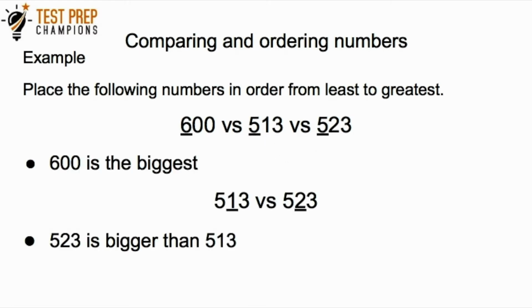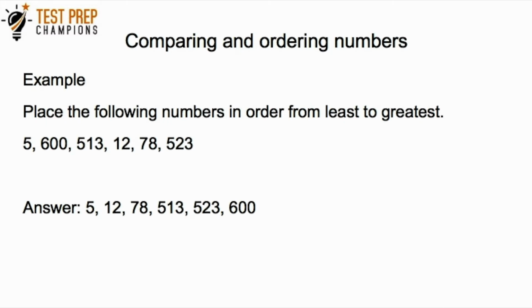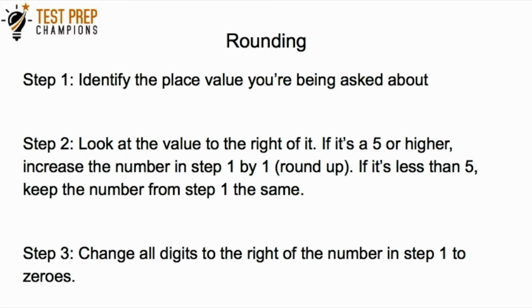All right, so we would compare 1 versus 2. 1 is a smaller number, 2 is a bigger number. Therefore, 523 is bigger than 513. All right, so the final answer here, if we go from least to greatest, would be 5, 12, 78, 513, 523, and then 600.